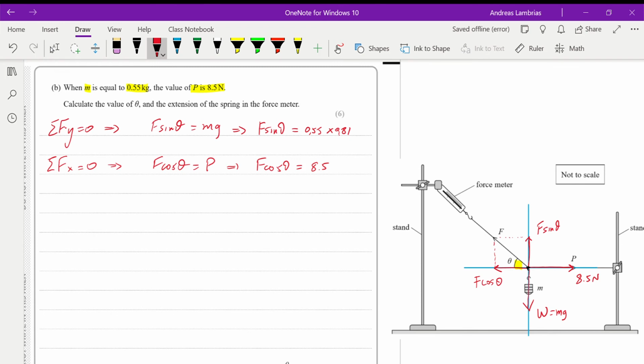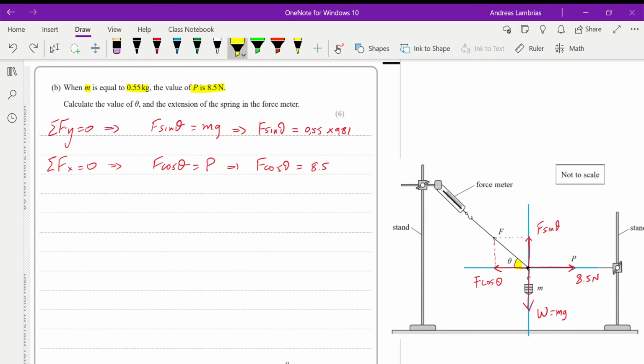Now we have 2 unknown terms, the force F and theta. With two unknowns, we need two equations, so we can have a simultaneous equation system, and then we can find F and theta.